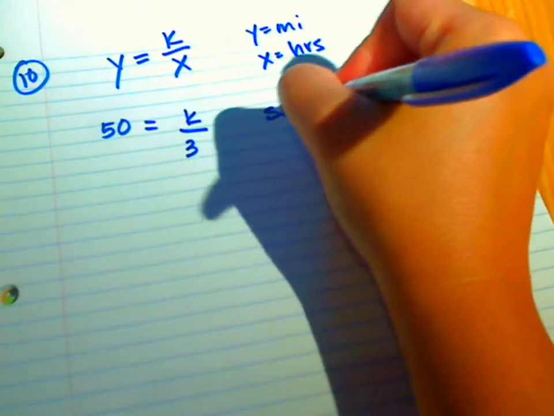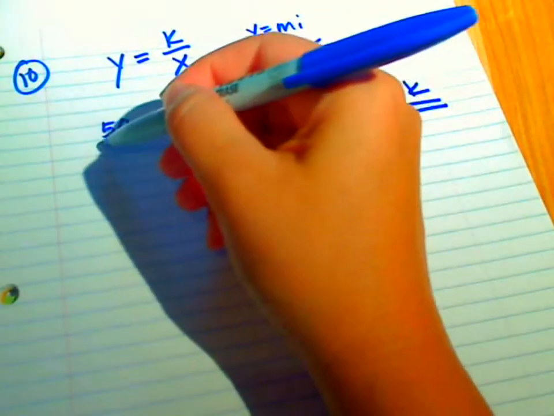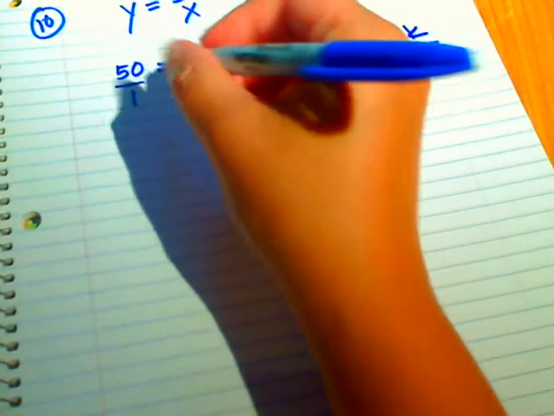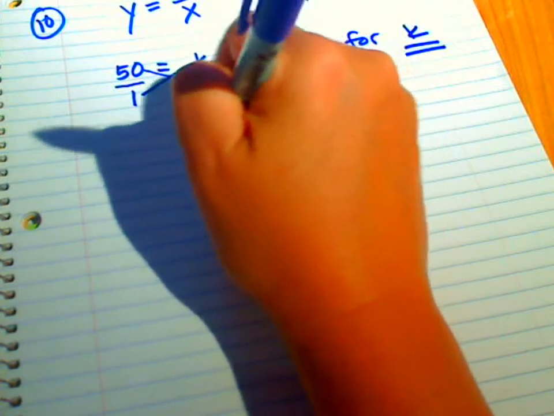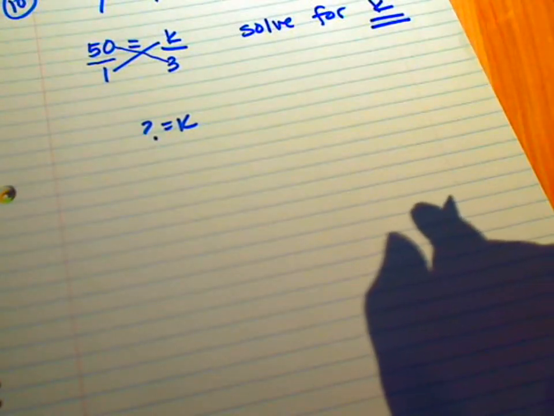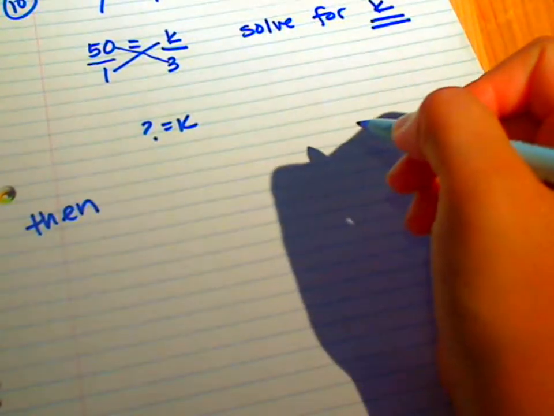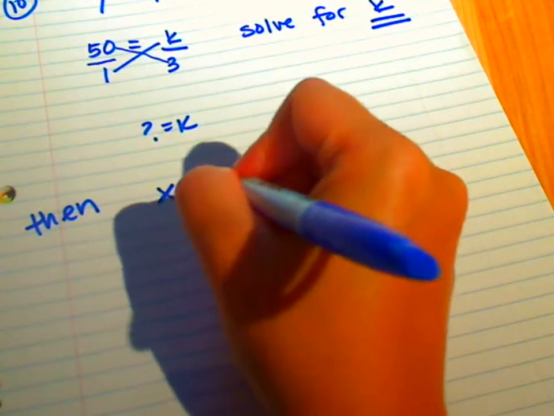Solve for k by cross multiplying, and I would suggest making this over 1 and doing the cross multiplying. So cross multiply 50 and 3 and 1 and k and get k equals how much at the end. And then re-plug in, because it says how long would it take, so I'm going to find x as the question.